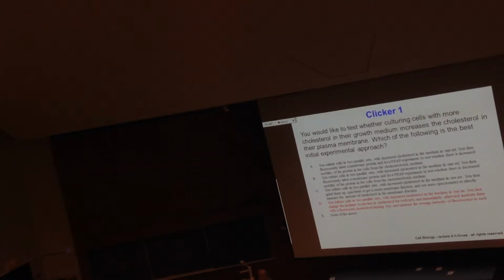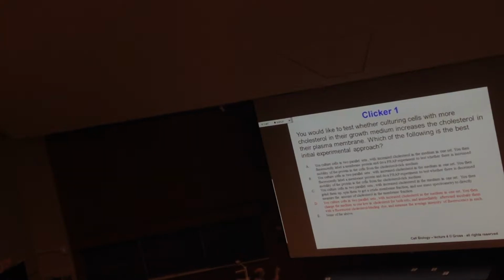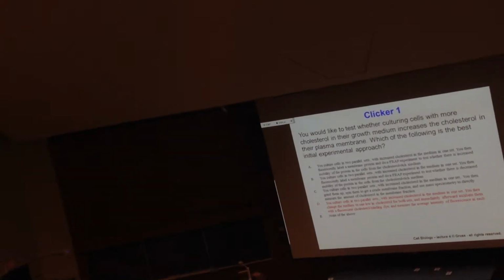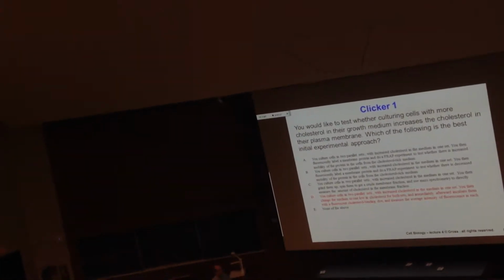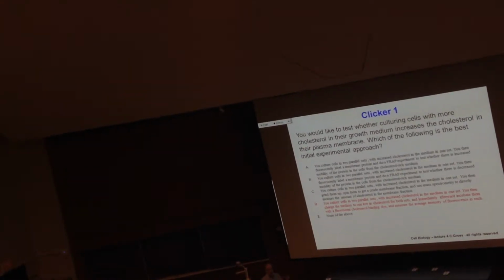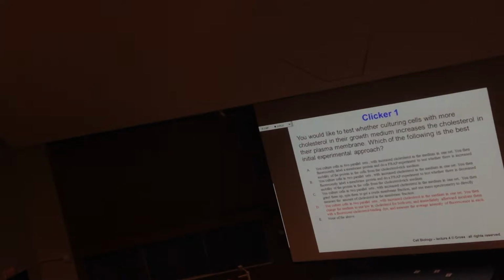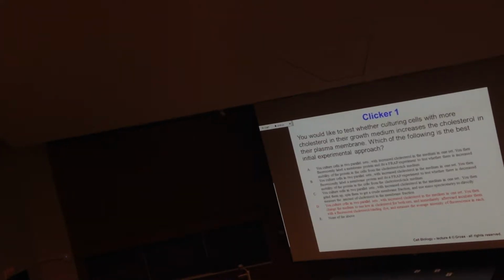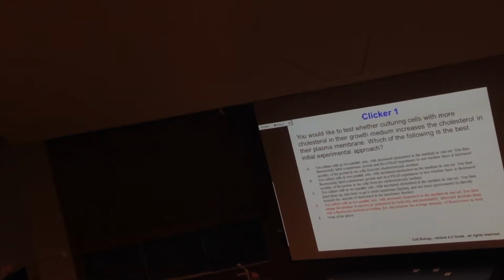That's not right, because you're expecting that if cholesterol is going to be there, it's going to decrease mobility. So that's wrong. B is right in the sense that if nothing else were to change, you would expect that if you put additional cholesterol into the membrane, you would have decreased fluidity, decreased mobility. And so that answer is in principle right.